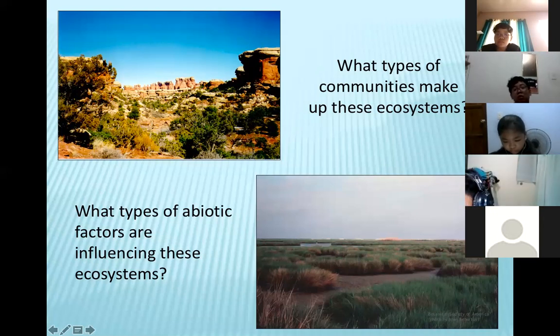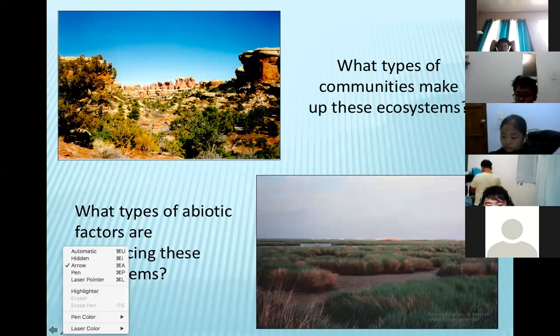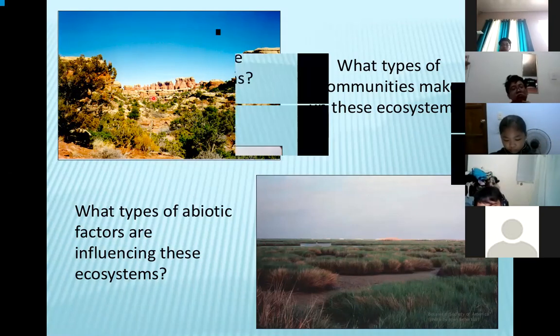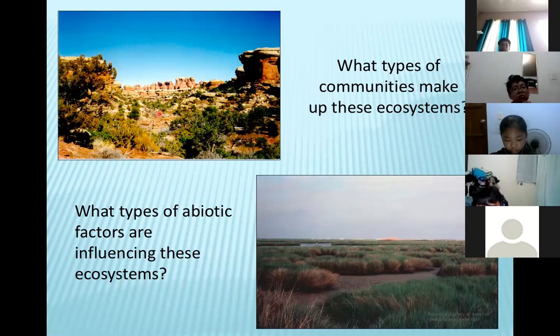And because there are fewer plants, it means that the amount of food that you can find in this kind of ecosystem will also be low. So because of that, you can conclude that the animals that live in this ecosystem are smaller because they can survive on fewer food resources.